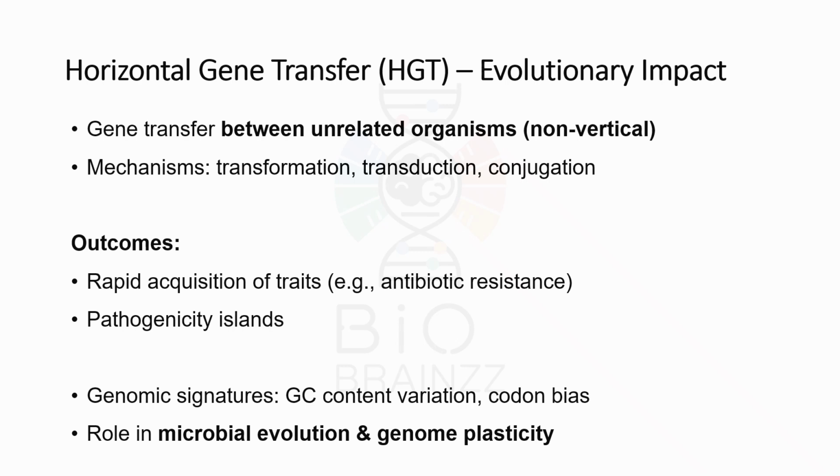It also leads to formation of pathogenicity islands in bacteria. Genomic features like unusual GC content or codon usage patterns can indicate horizontal gene transfer. This concept is very important in understanding bacterial adaptation.